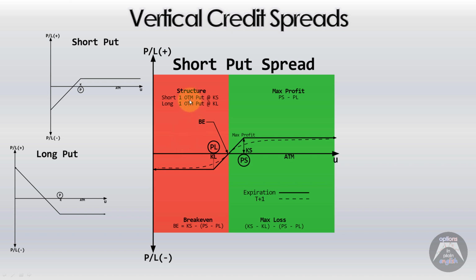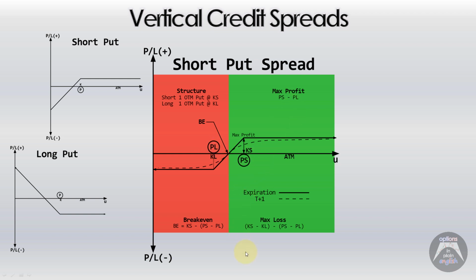In this case, the structure is you sell, so you're short one out of the money put at KS right here. You're long one out of the money put at KL, which is at a strike price that's lower in price. And your max profit is going to be the credit you receive, PS minus PL.